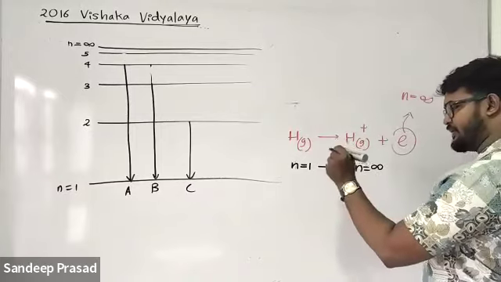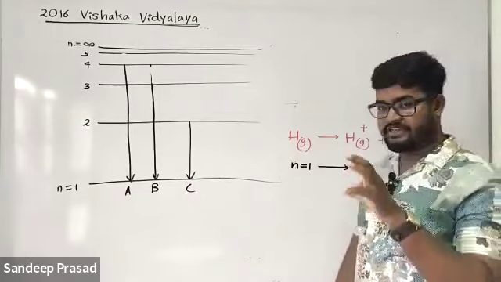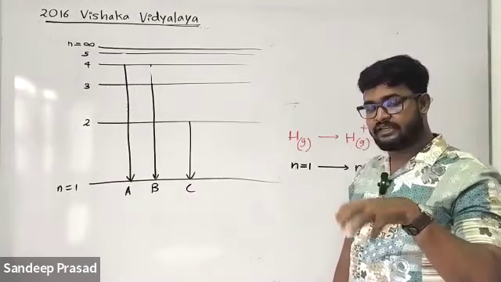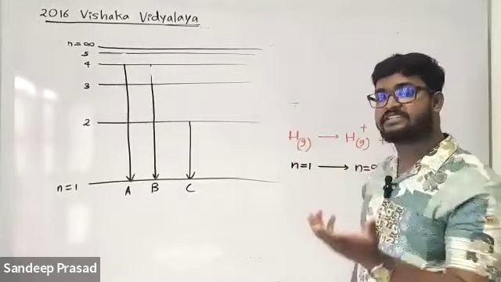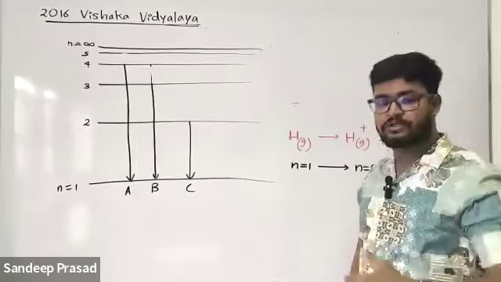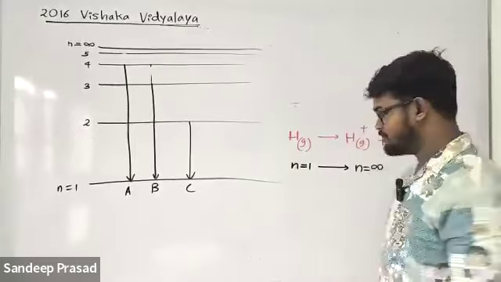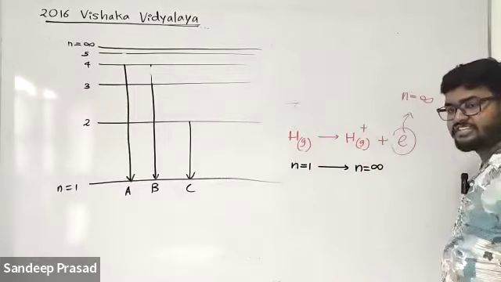Actually, the energy level diagram they have given is related to electron absorption or electron emission. This is the hydrogen emission spectrum. That means electrons are coming back to lower energy levels. But ionization means the electron is going to a higher energy level.